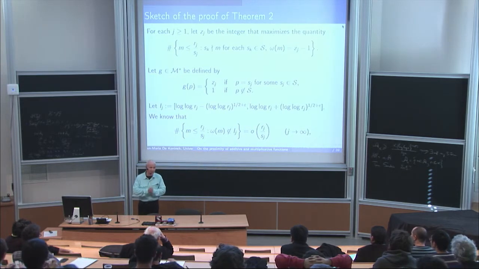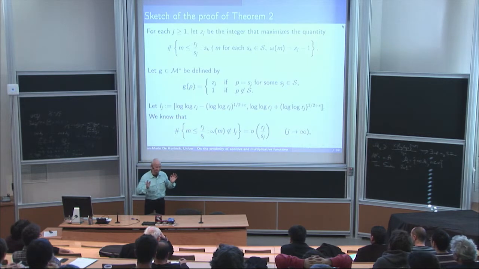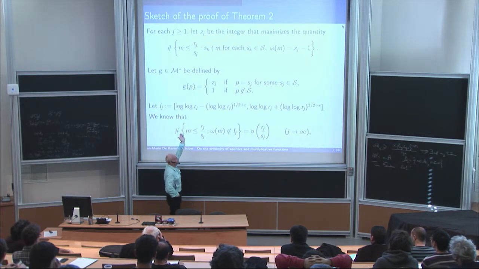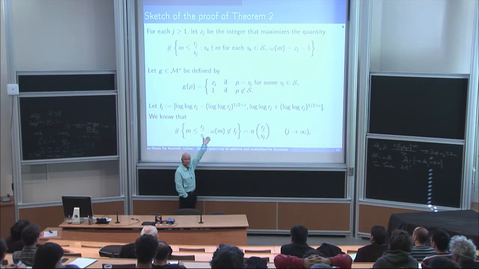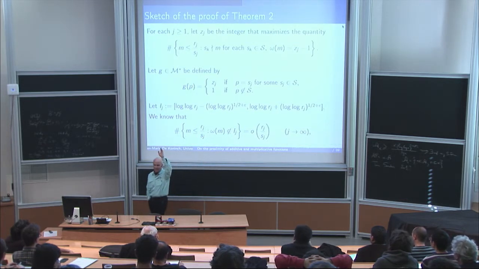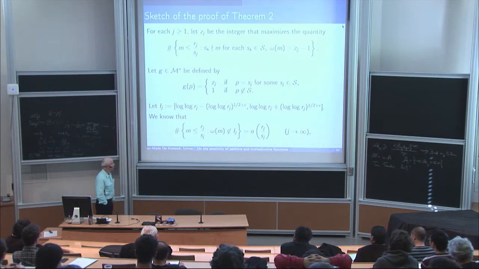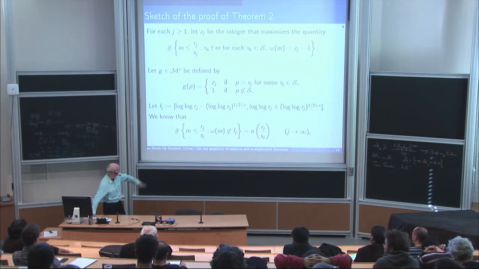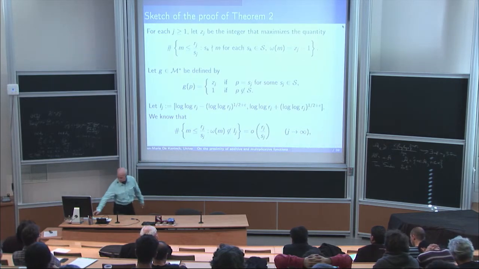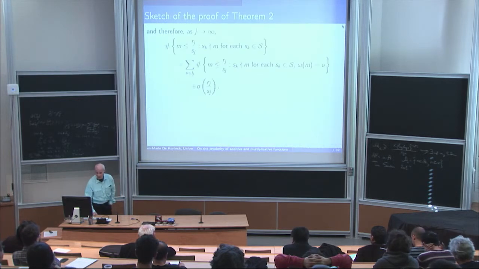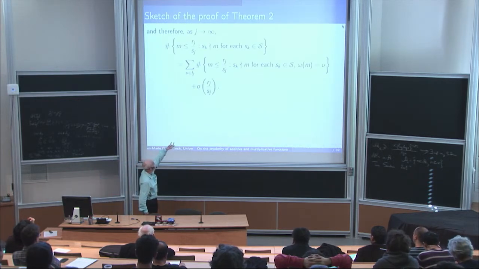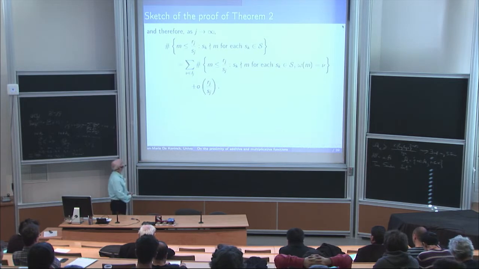The thing is, rj increases so fast that it is essentially the same interval whether we have rj or rj over sj. Rj is e to the 2 to the 2 to the j, while sj is a reasonable value. So we are allowed to state this here. There's the small o of rj over sj at the end.